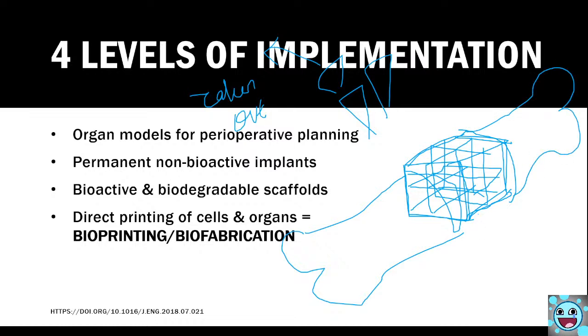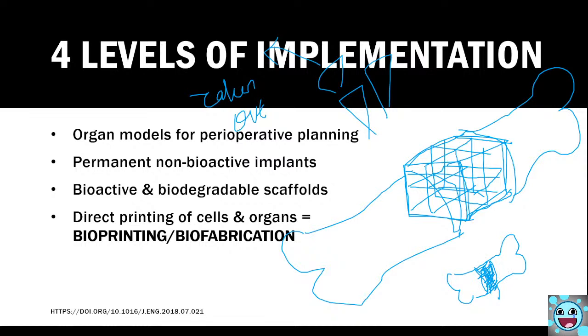Typically, during the surgery, you would like to put something to bridge the 2 so that regeneration occurs. But usually this bridge thing is inert and regeneration doesn't occur. It only connects the 2 parts.